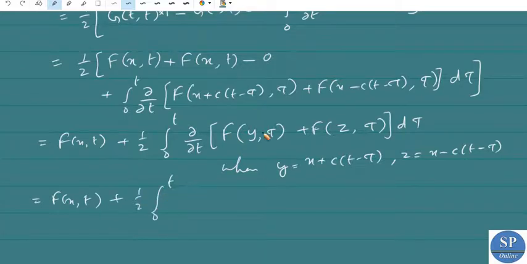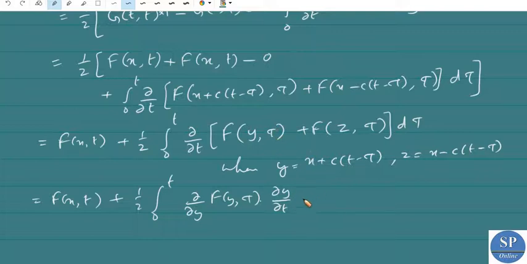Now by the chain rule we have f(x, t) plus 1/2 the integral from 0 to t. By the chain rule we have here ∂/∂y of f(y, τ) into ∂y/∂t, plus ∂/∂τ of f into ∂τ/∂t, that is 0.